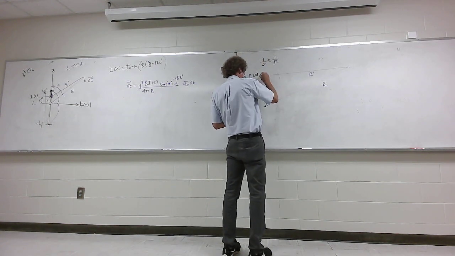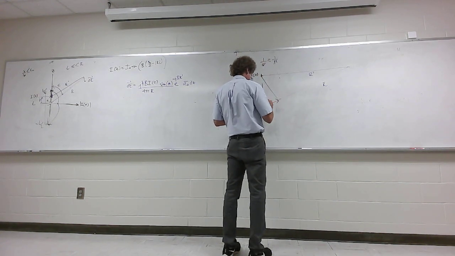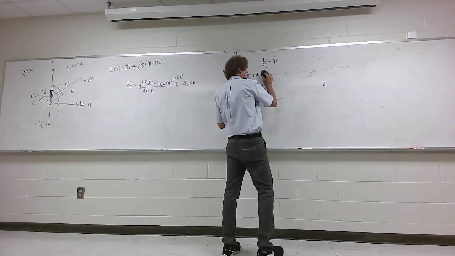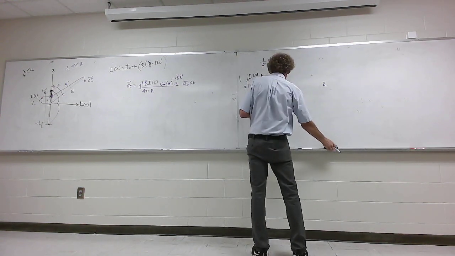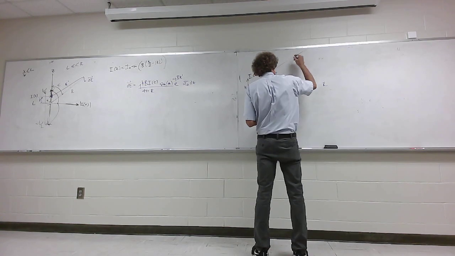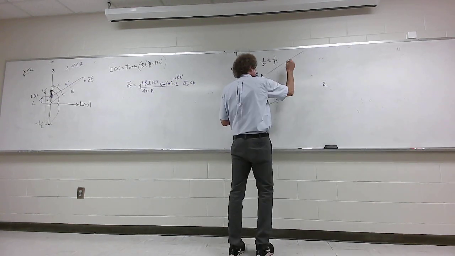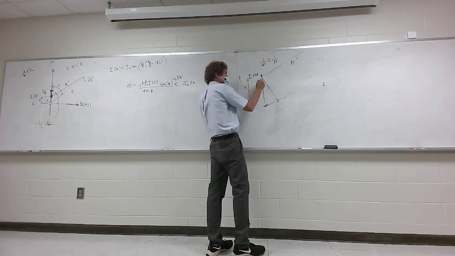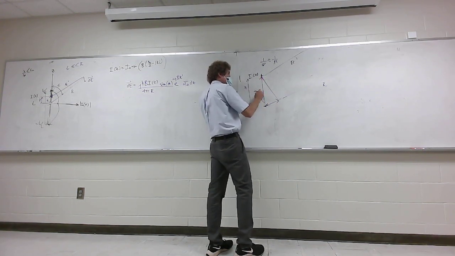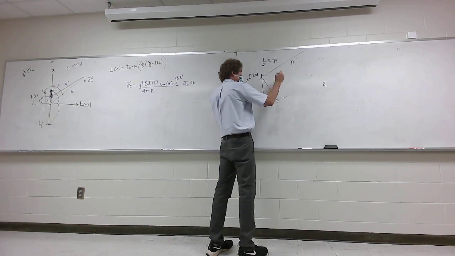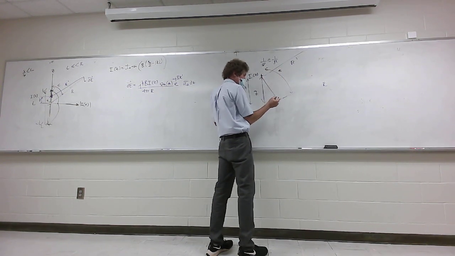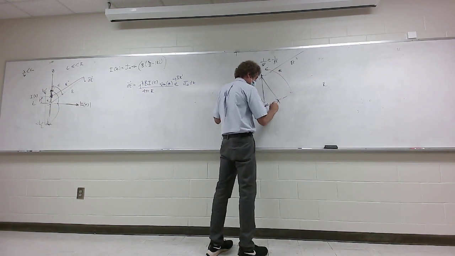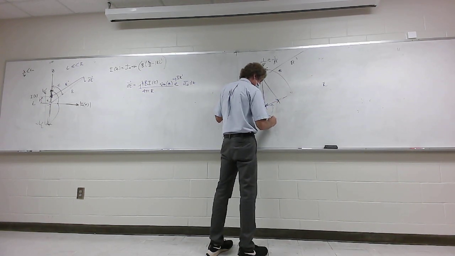Let me do it this way. These are not exactly the way I wanted to do it, but I'm trying to get these as parallel as possible, but this would be R prime. You're going to have to just assume this. If this height difference here is z, and this angle from here to here is theta, then this distance right here is going to be z times the cosine of theta.